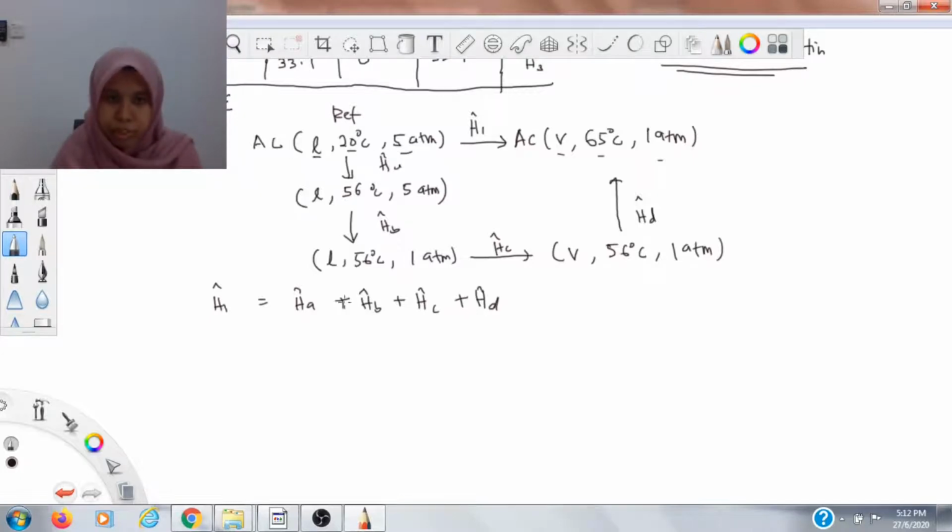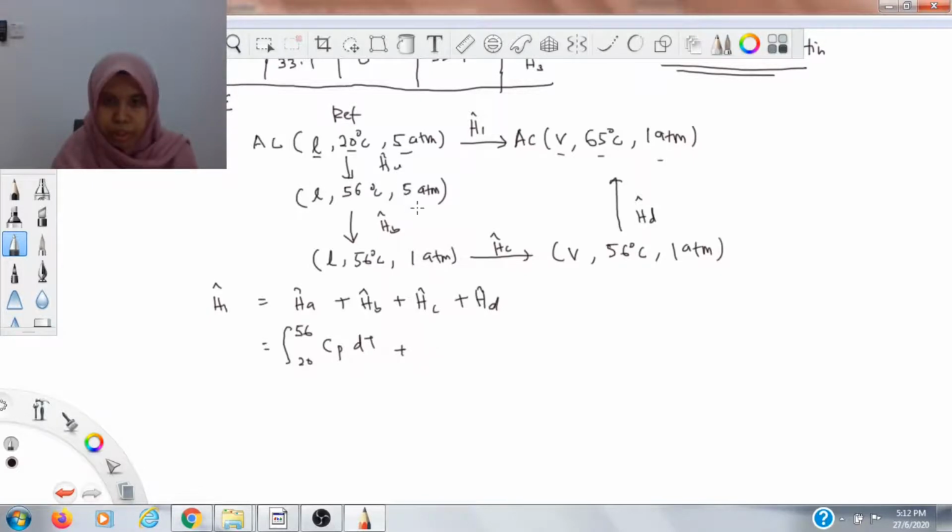What is the change in HA? The change here involves temperature. If you still remember how to calculate the enthalpy when there is a temperature change, we have to use the integral of CP dT, the heat capacity. Here the temperature goes from 20 to 56.